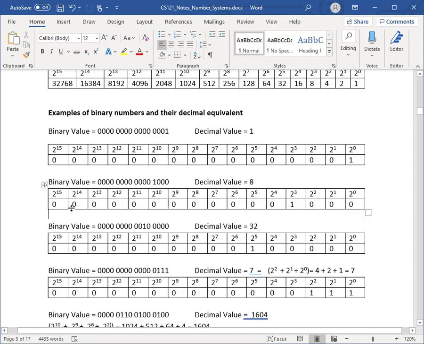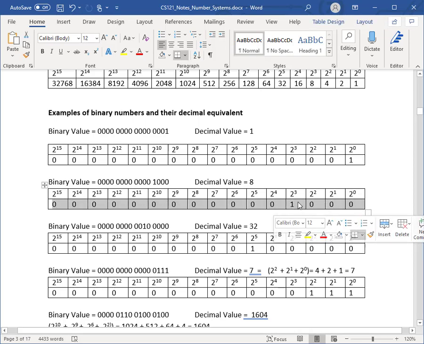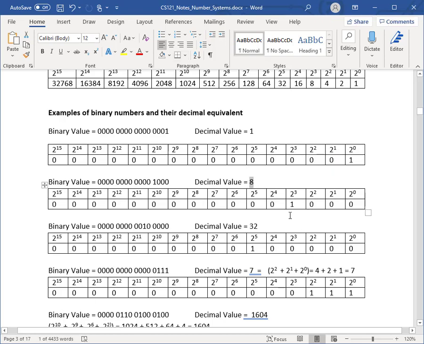If we write that in our table, we have all zeros across here except there's a 1 right there. Okay, I'm going to keep getting that pop-up because that's what Word does, so sorry about that. So here we have the bit 1 set at the column where we have 2 to the power of 3, which is 8. So that gives us a decimal value of 8 for this binary string.